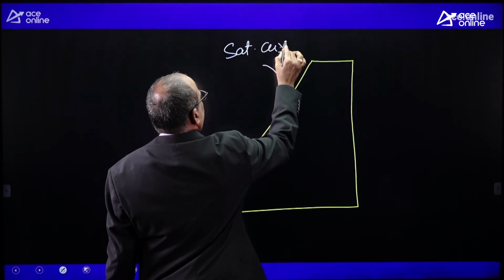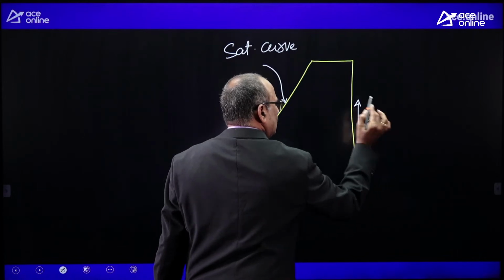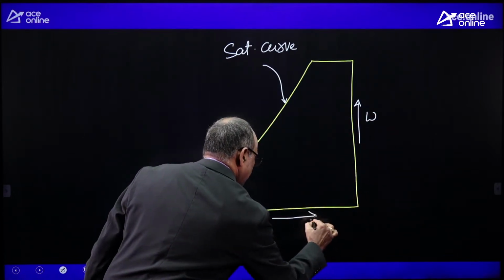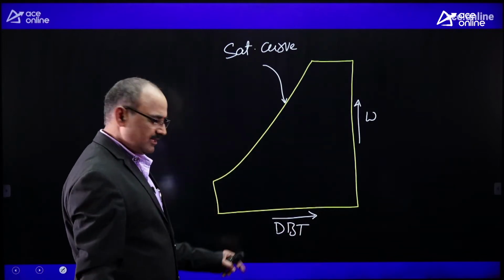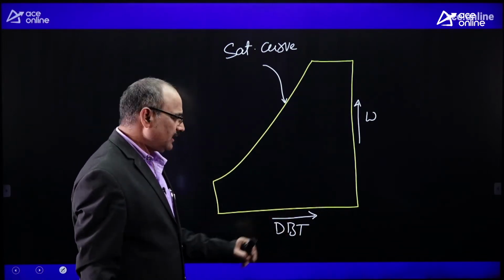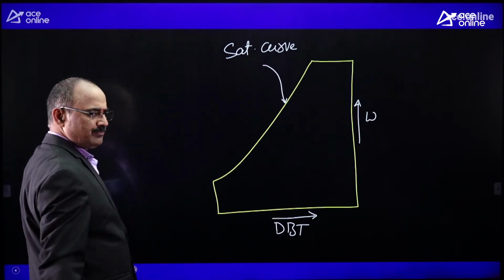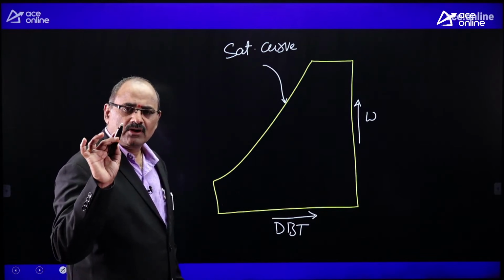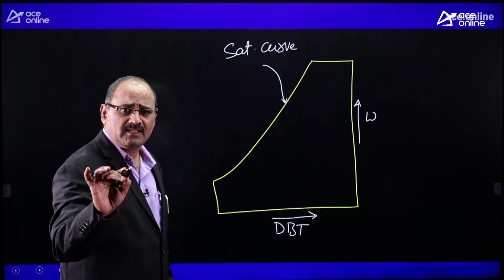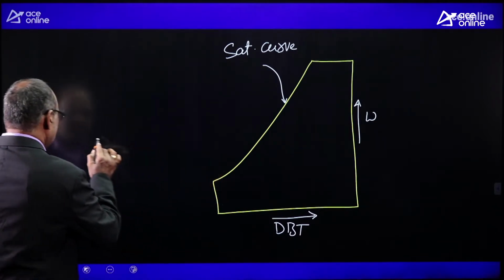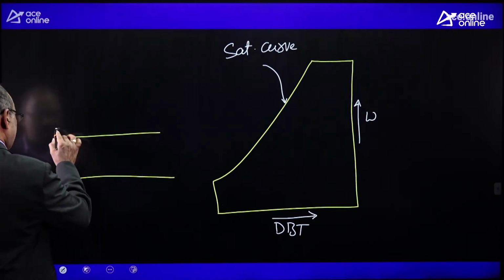Specific humidity is on the ordinate, whereas dry bulb temperature is on the abscissa. Now, as you know, sensible cooling means the method of cooling the air at constant specific humidity. It is like this. Assume some air is flowing through a pipe.